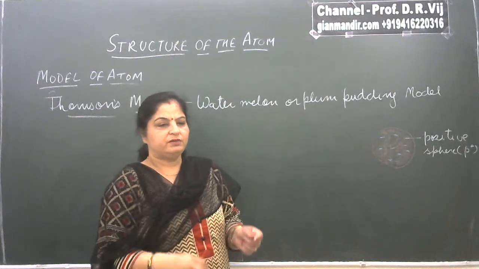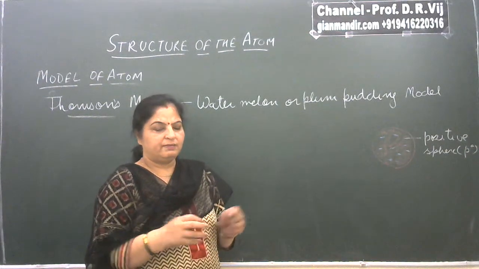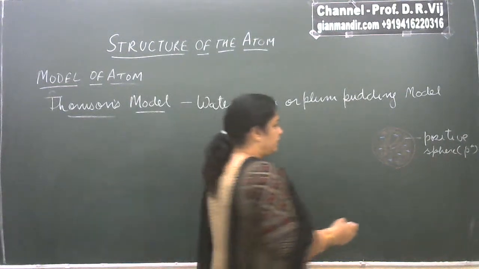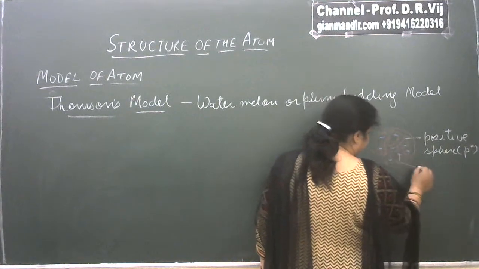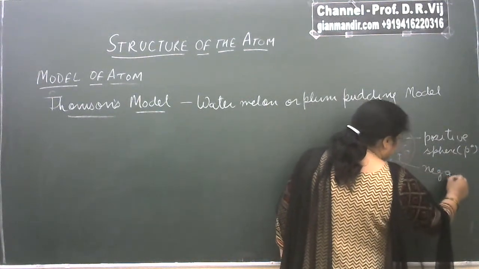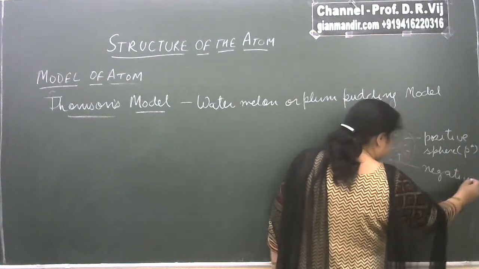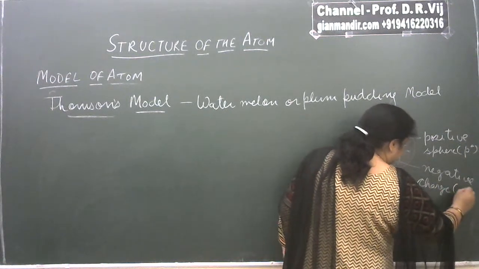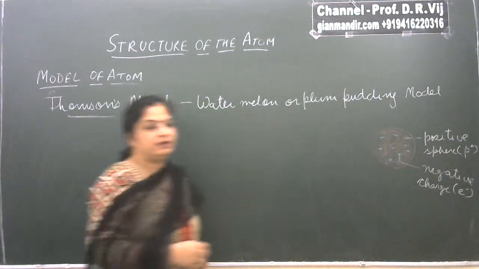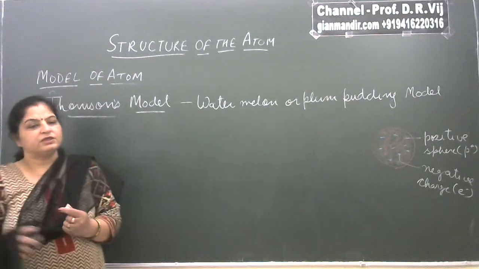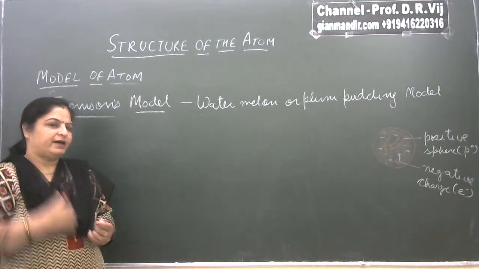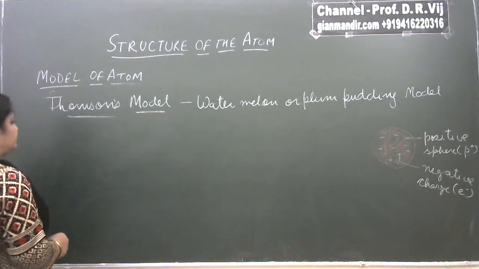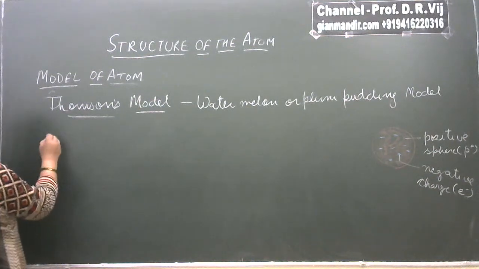So according to Thomson, the protons of the atom remain diffused in the atom to form a positively charged sphere, and in this positively charged sphere, the negative charge, that is electrons, remain embedded here and there. This is how Thomson visualized the atom to be, and on this visualization he proposed a model that is known as Thomson's model of atom.